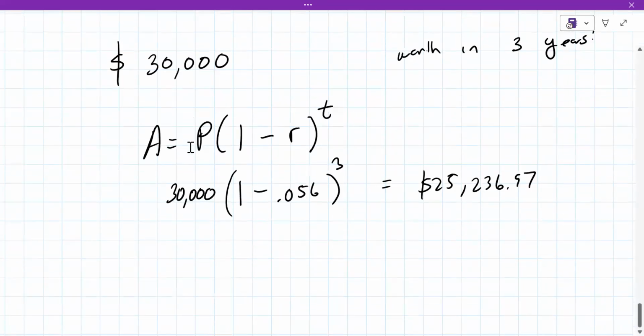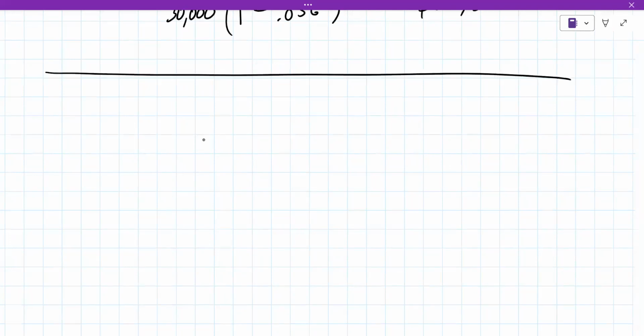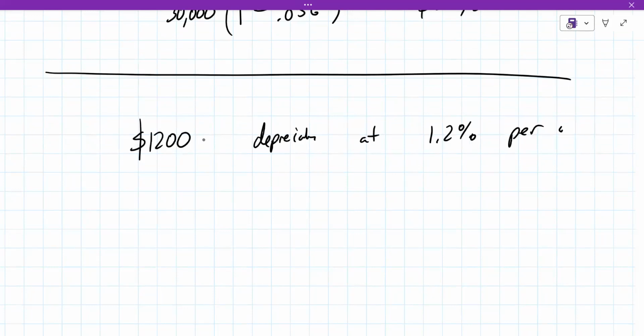All right. What's another situation? A lot of things depreciate. So let me give you another scenario. Let's say you have something that starts out at $1,200. It depreciates at 1.2% per year, but it's compounded quarterly.